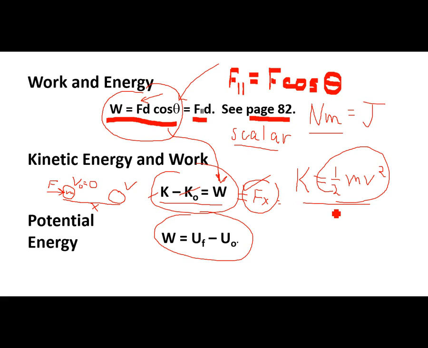What's the result? The mass M has gained kinetic energy because of the velocity, and ultimately, you realize, of course, that because F equals ma, right? F equals ma. There we go.